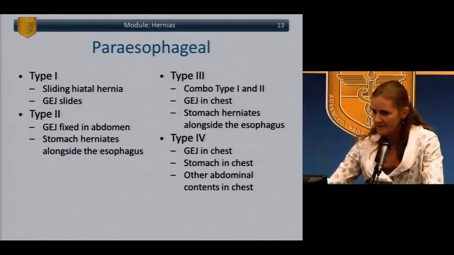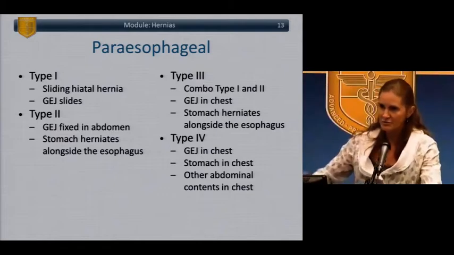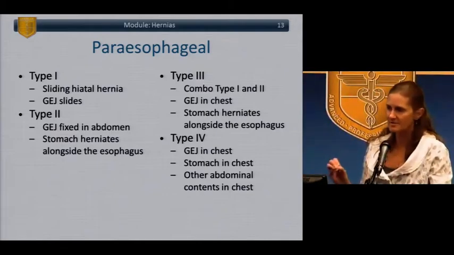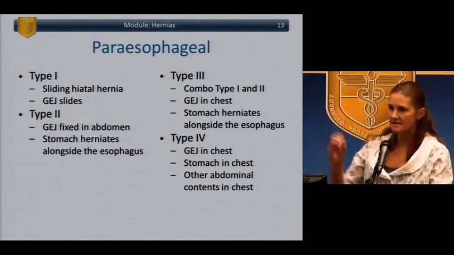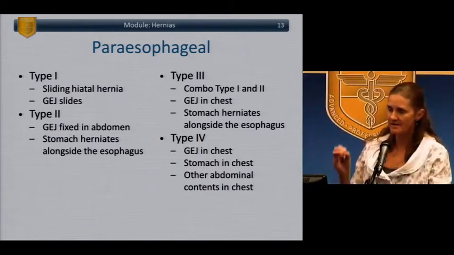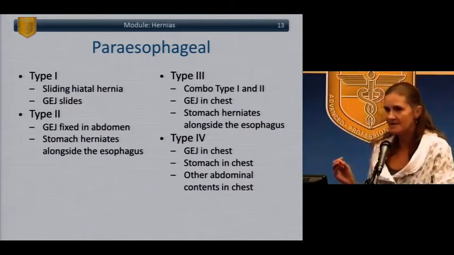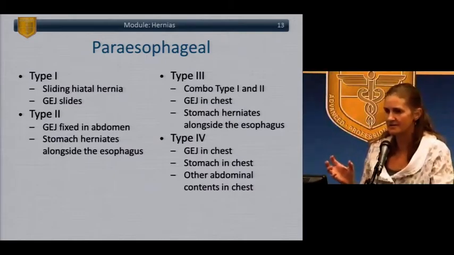So paraesophageal hernias, the true paraesophageal hernia is really the type 2 because the esophagus remains in its normal anatomic position with the lower esophageal sphincter in the abdomen, and then the stomach slides up alongside of, or para, to the esophagus through the diaphragmatic hiatus.